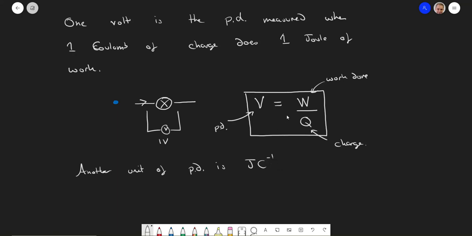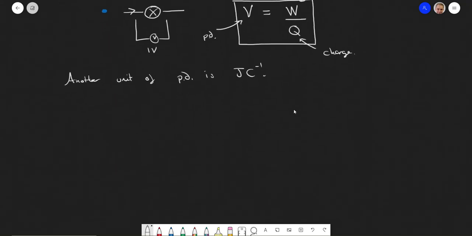When you're measuring it, you're saying how many joules of energy are given by each coulomb of charge as they go through. If we consider 1 coulomb of charge, how many electrons is that?